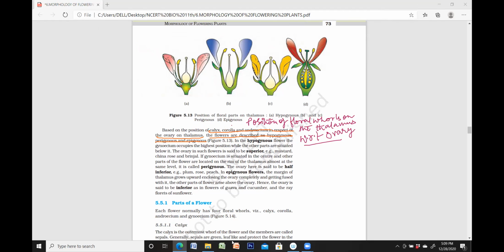Now, as you can see, based on the position of the floral whorls with respect to the ovary, there are three terms: hypogynous. In the hypogynous flower, the gynoecium occupies the highest position while other parts are situated below.